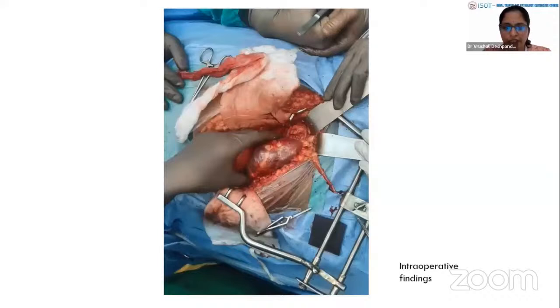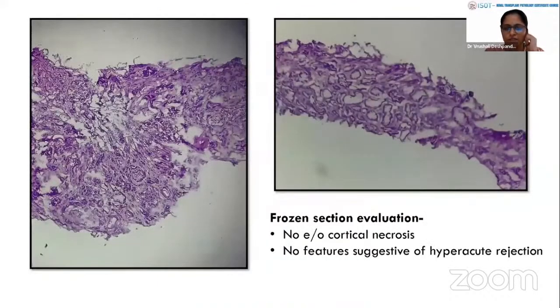They thought of going ahead with frozen section evaluation, and the frozen sections were looking like this. Now, the good thing is that the telltale signs of hyperacute rejection, which are severe hyperemia, congestion, hemorrhage, necrosis, prominent microvascular inflammation, none of these were present in the graft.